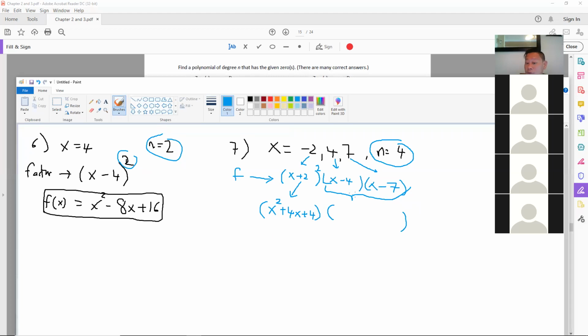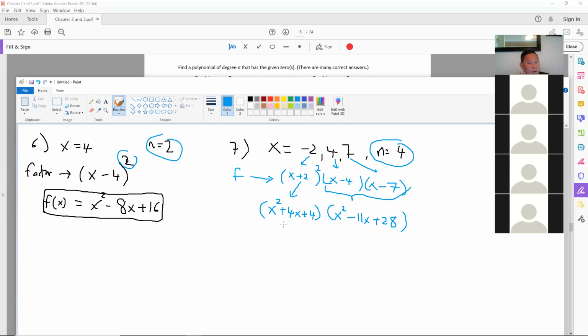And this one, the last two, you will get x squared, this is easier, minus 4 minus 7 is negative 11x. But negative 4 times negative 7 is positive 28.